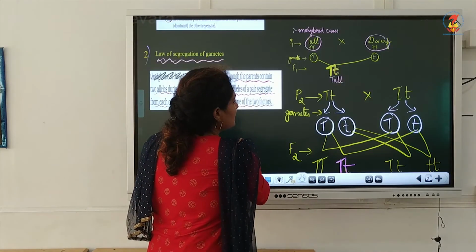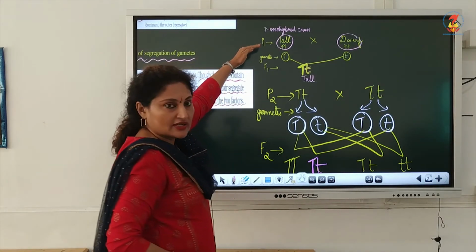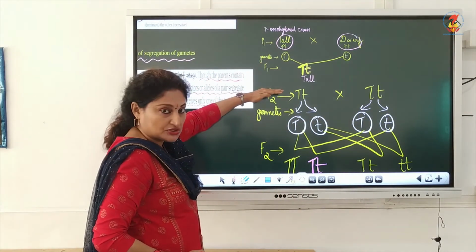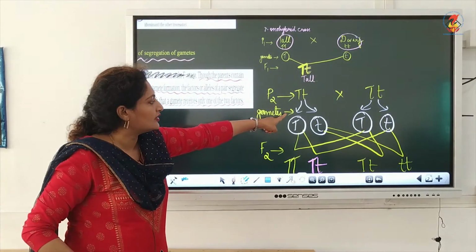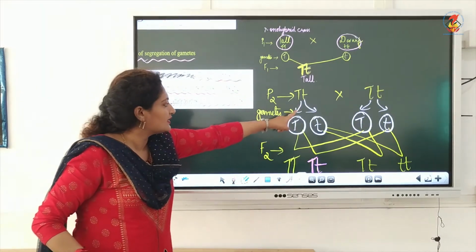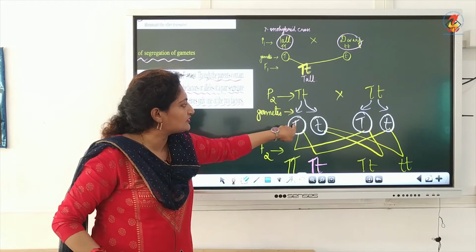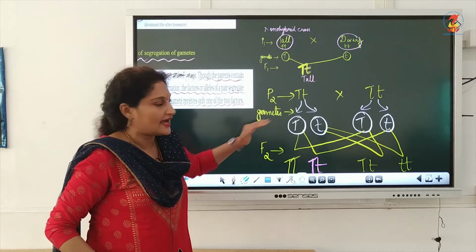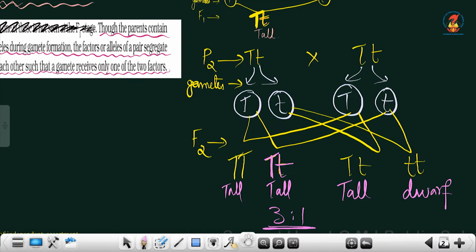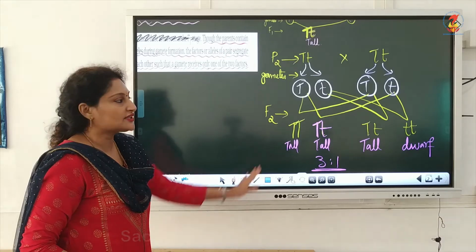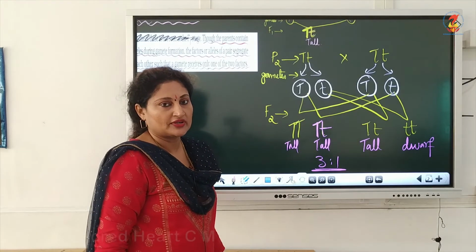You have to use the same monohybrid cross from P1, gametes, F1, reach P2, and when the P2 gametes are formed, you are explaining the law of segregation of gametes. Then continue to the F2 generation, comprising 3 tall and 1 dwarf. This ratio is also known as the monohybrid ratio.